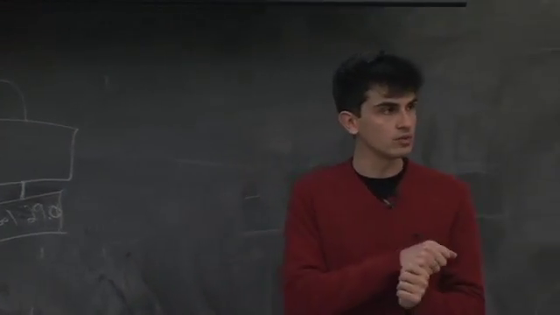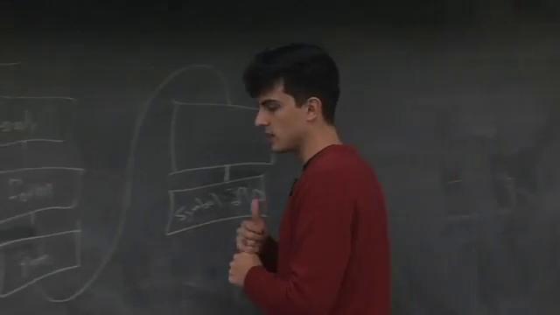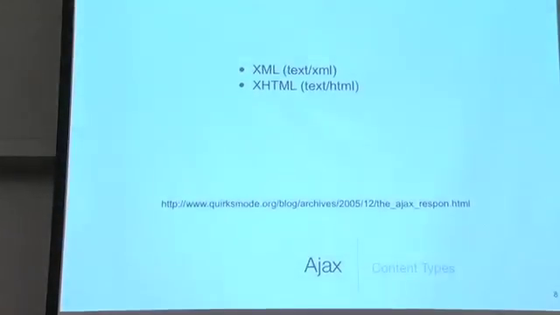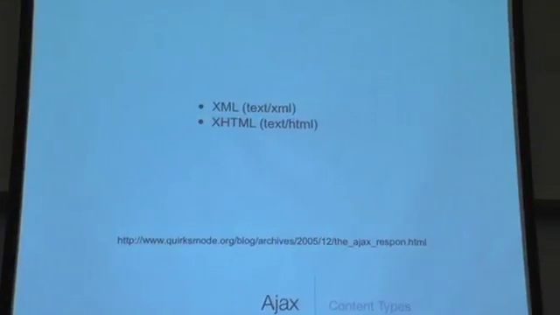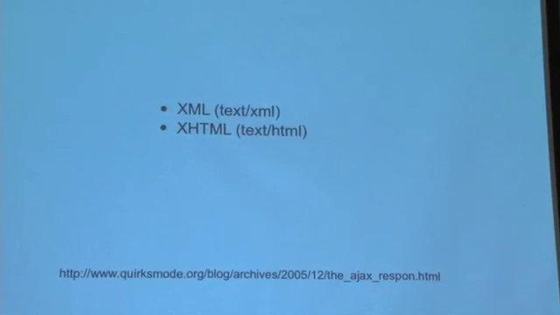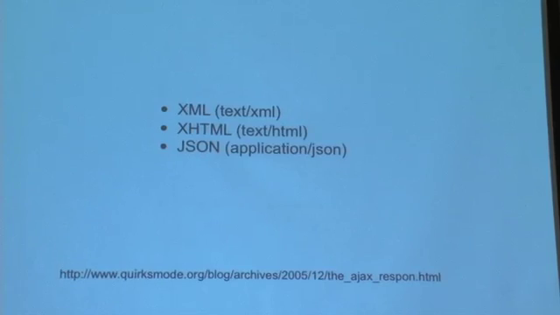We can use, of course, just raw HTML if you know that it's going to be simple enough to warrant it. You can use XML as well, and you can set the content type in your PHP file to be appropriate depending on whichever type you actually want to use. But the final one that you want to actually consider is JSON.